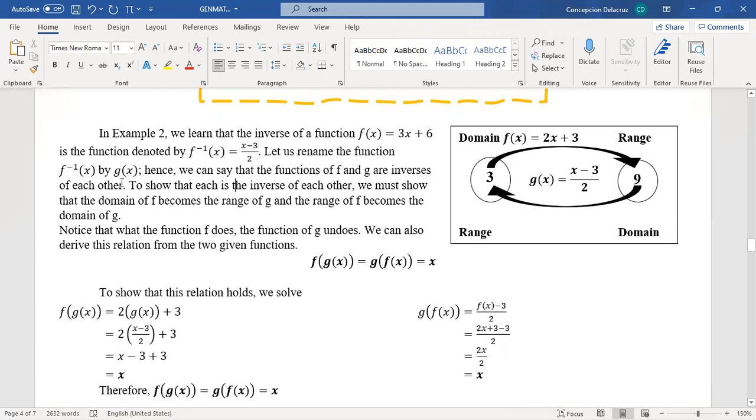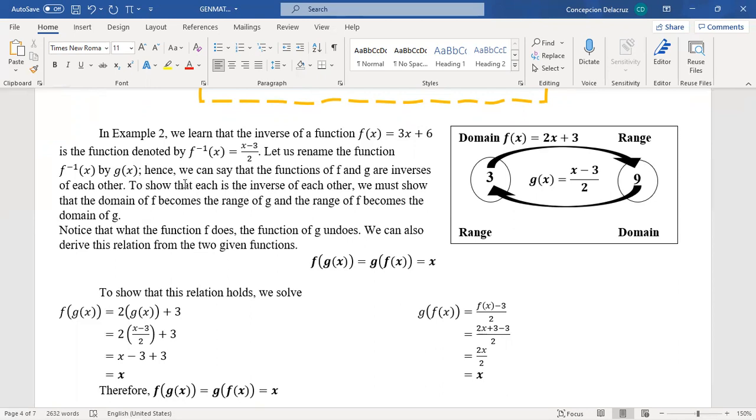Let us rename the function f inverse of x as g of x. Hence, we can say that the functions f and g are inverses of each other. One is the inverse of the other.